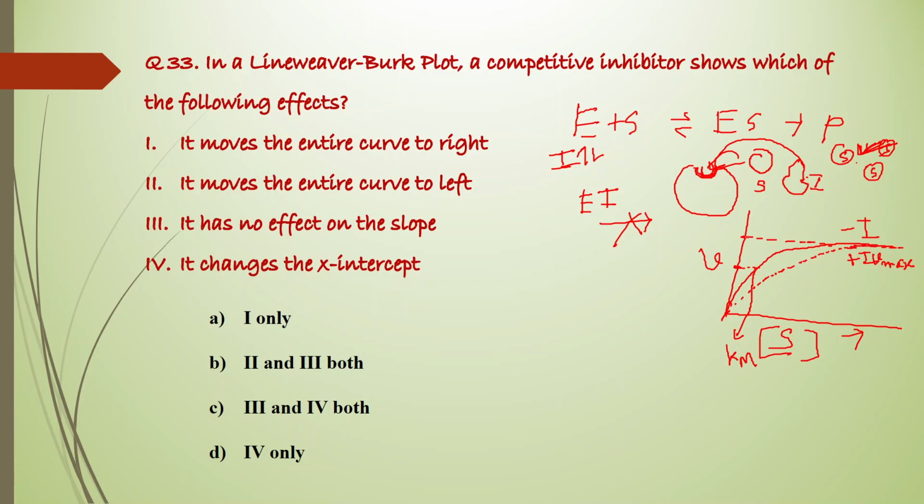The Vmax is the same, so Vmax by 2 is also the same. Now for this curve, the Km value is coming here. So for competitive inhibition, the Km value increases. We can clearly see from the graph that it increases. Now what will happen to the Lineweaver-Burk plot?